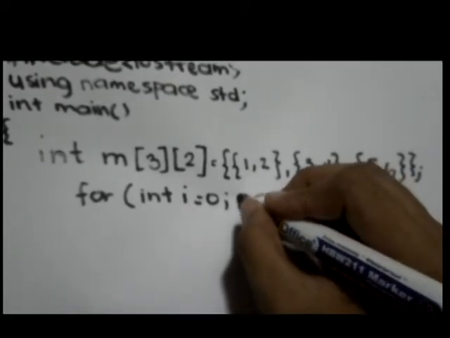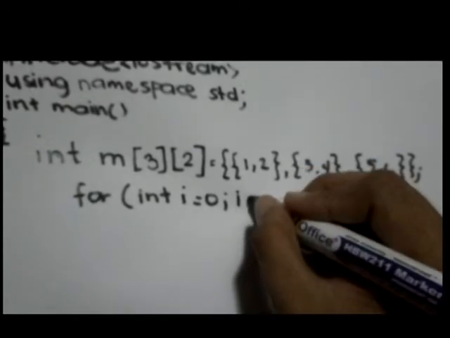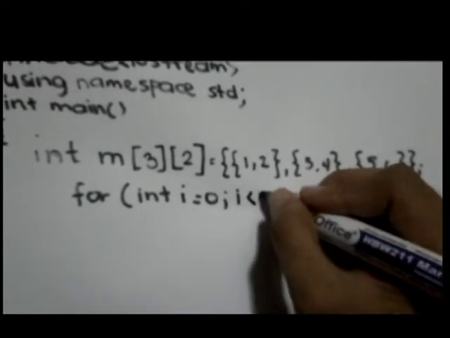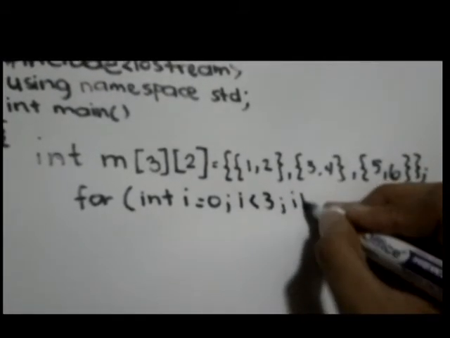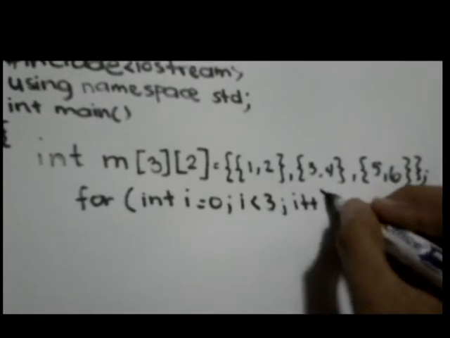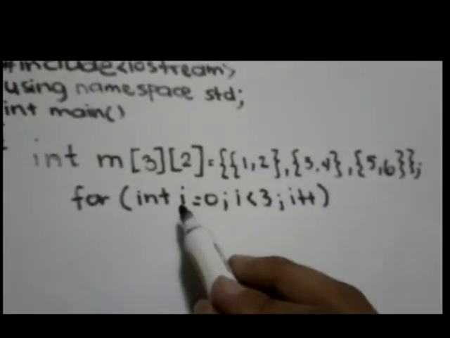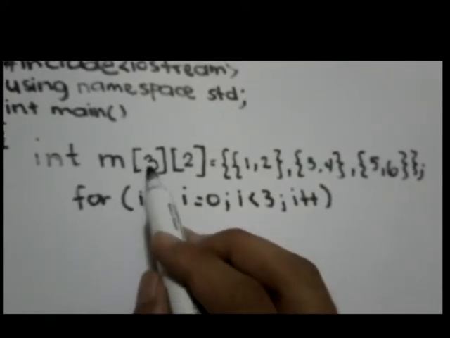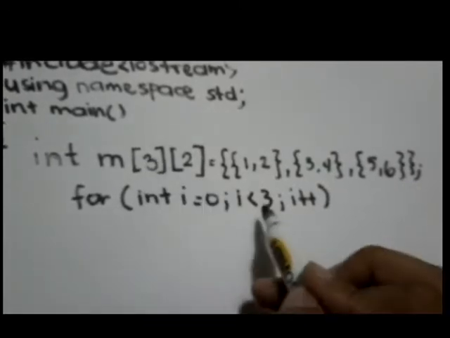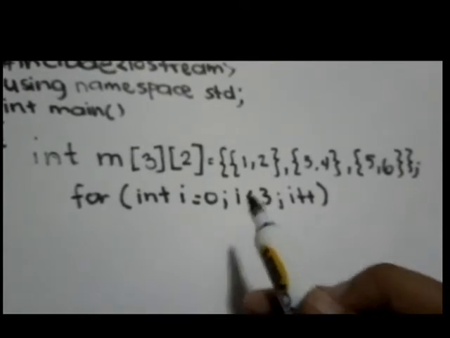And we will have the condition i is less than 3 and an increment i plus plus. So it will start with 0 and it will end if the condition is false.